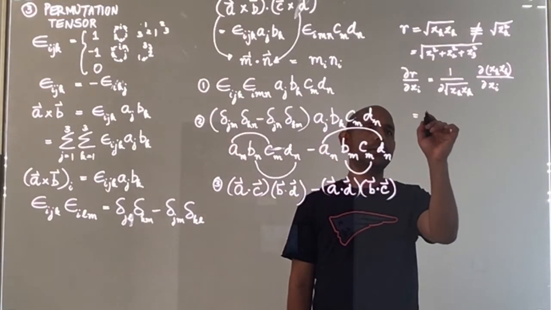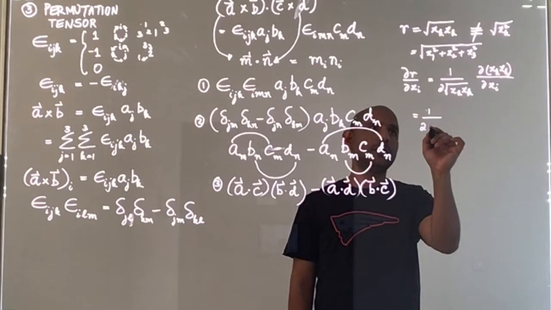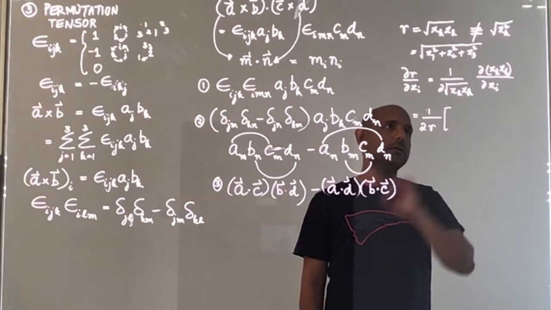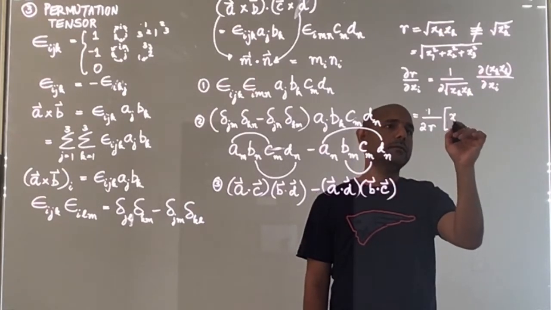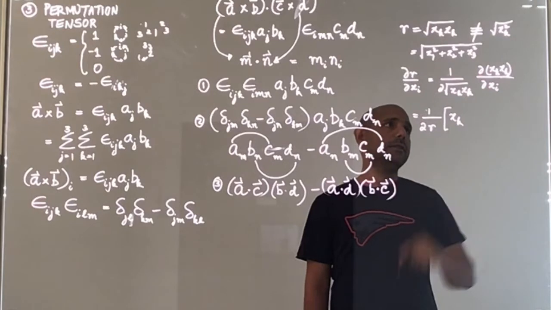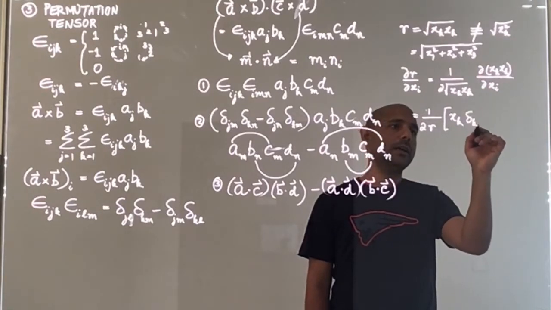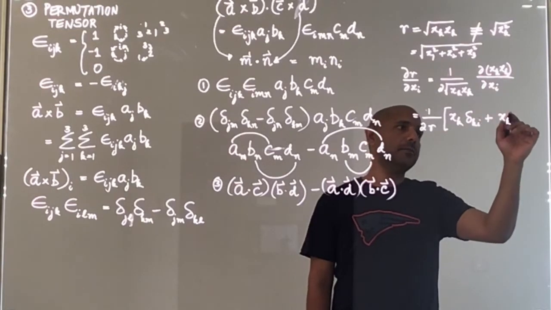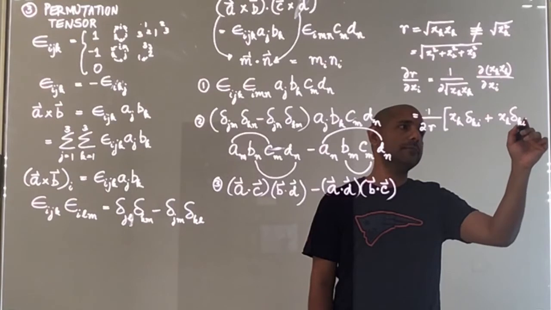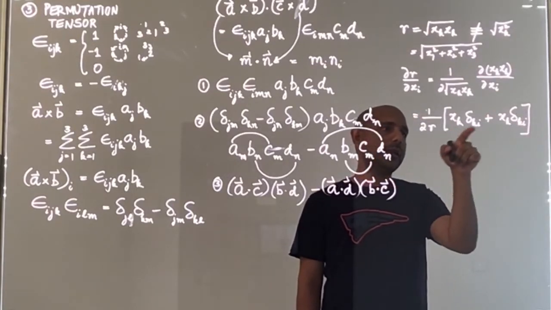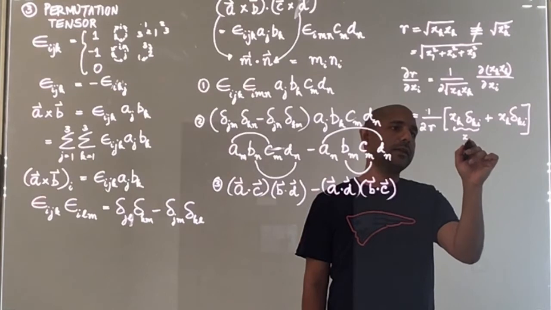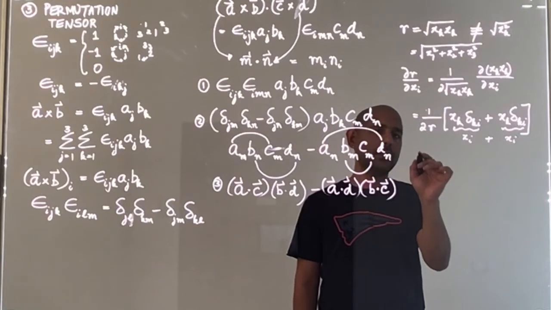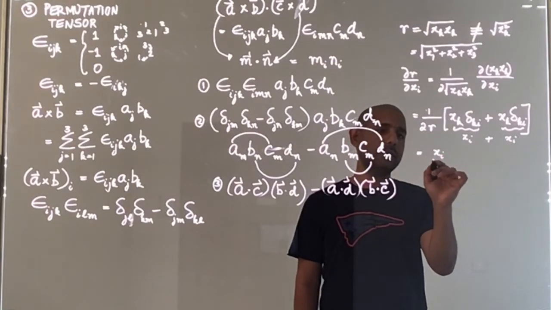So this is 1 over 2 r, because it's the same, times derivative of xk times xk with respect to xi, which is delta ki, plus xk times derivative of xk with respect to xi, which is delta ki. Xk delta ki is nothing but xi, and same here. So that's 2xi, so this is xi by r.